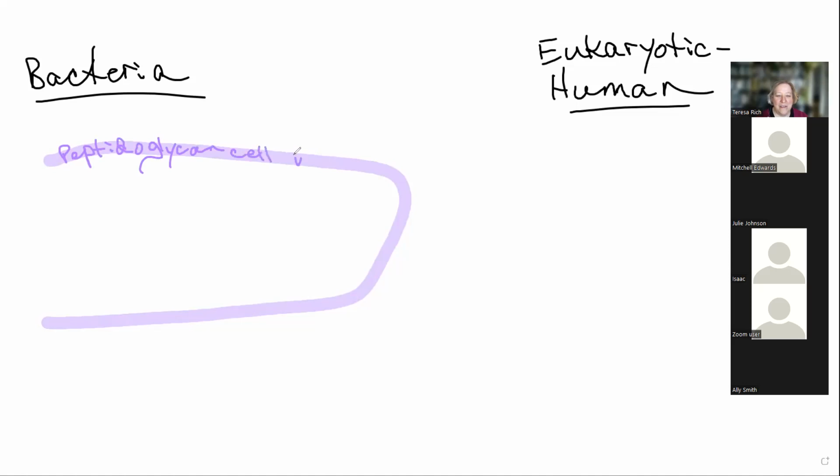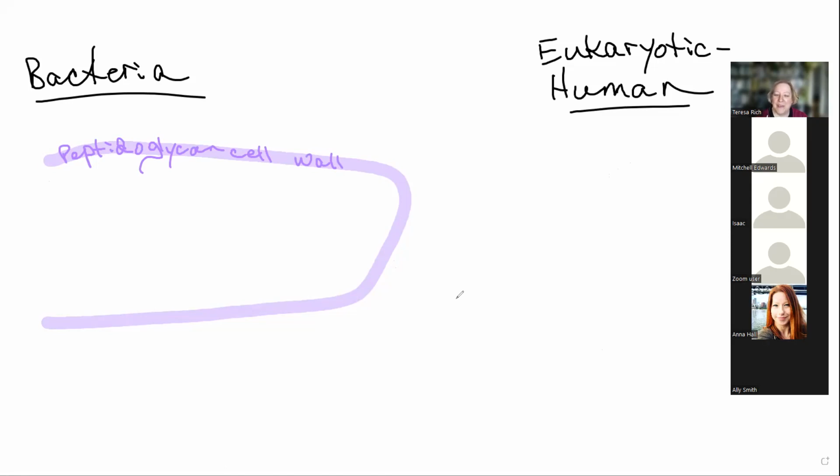Okay, very good. Okay, is this a structure that human cells have? No. Nope, very good. So this is potentially a target for antibacterial drugs.